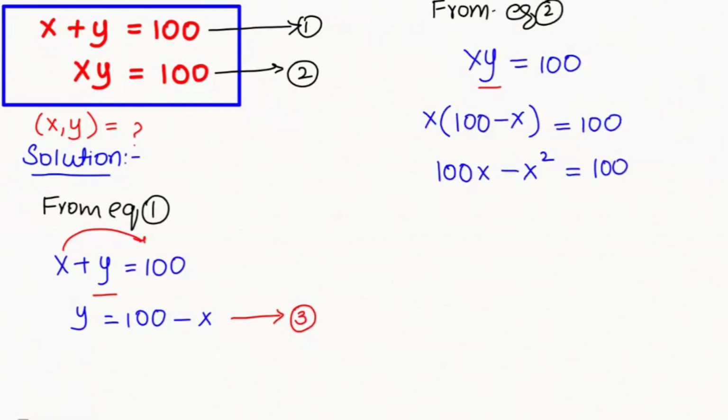Now we are going to rearrange it, and I will take this 100 to the left-hand side. Minus x square plus 100x minus 100 equals 0. Now I want to remove this negative sign, so I am going to multiply both sides by -1.